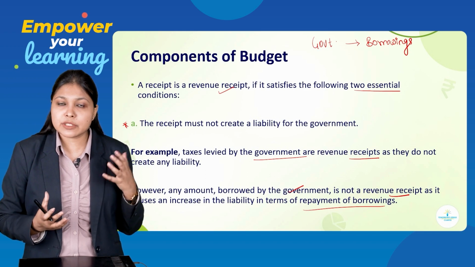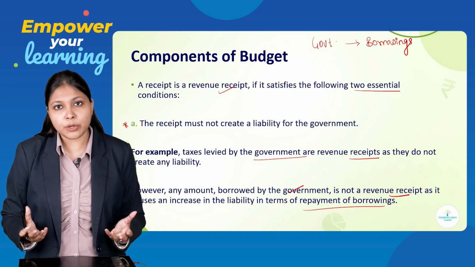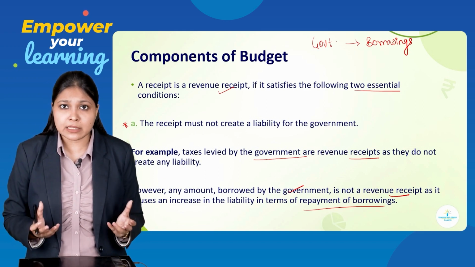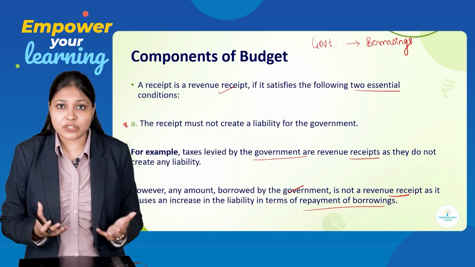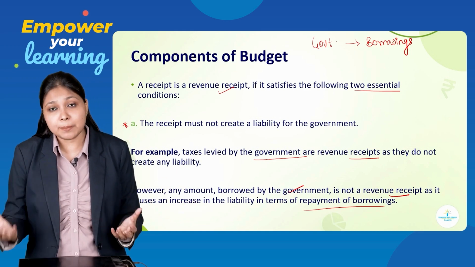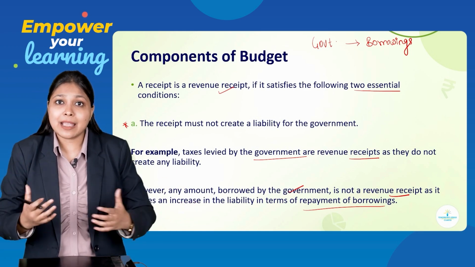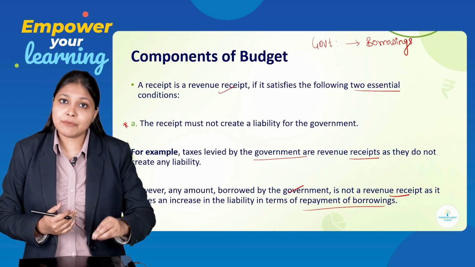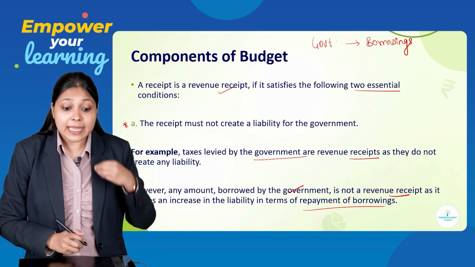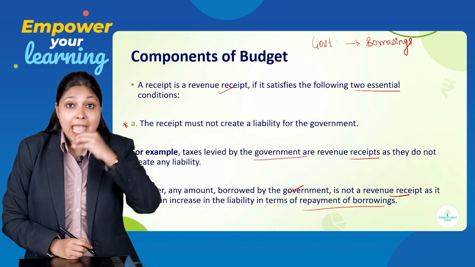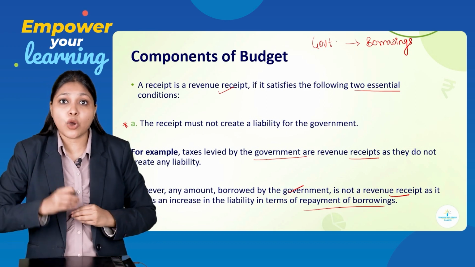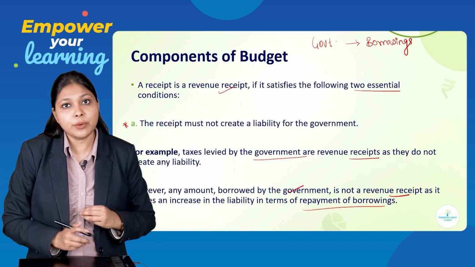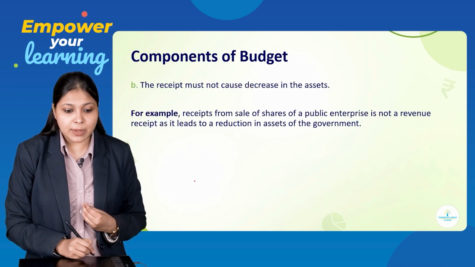Any borrowings made or any loans taken from any financial institution or any place create a liability. In the same way, when the government borrows a loan, it will create a liability, and hence borrowings cannot be said to be a revenue receipt.